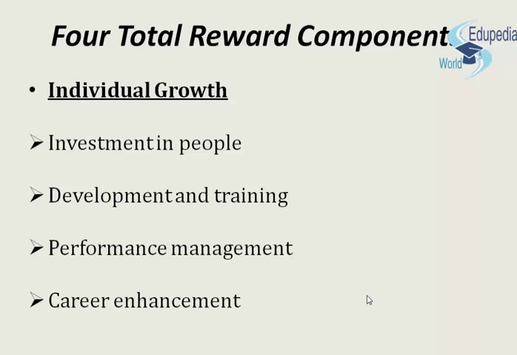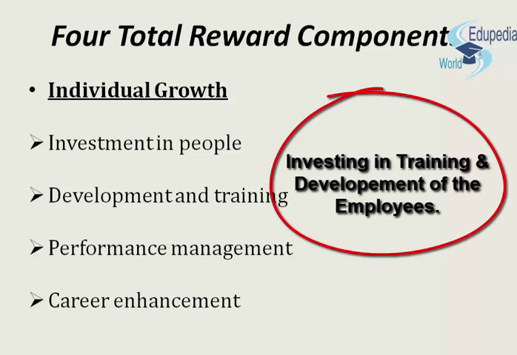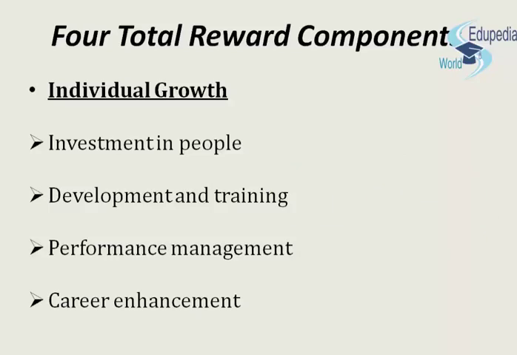Now, to encourage individual growth, we have to invest a lot in the training and development of our people who are working, that is employees. We have to also see that performance management systems are intact and performance is properly measured, and we have to also encourage the employees for career enhancement.